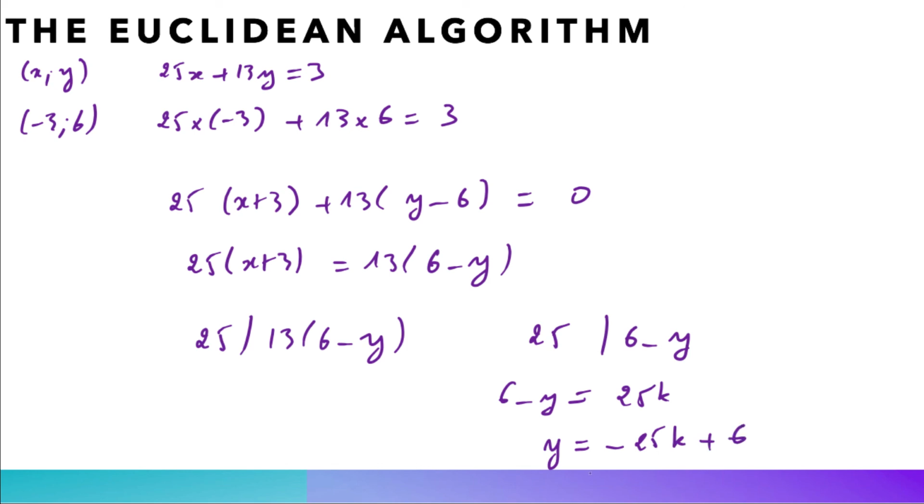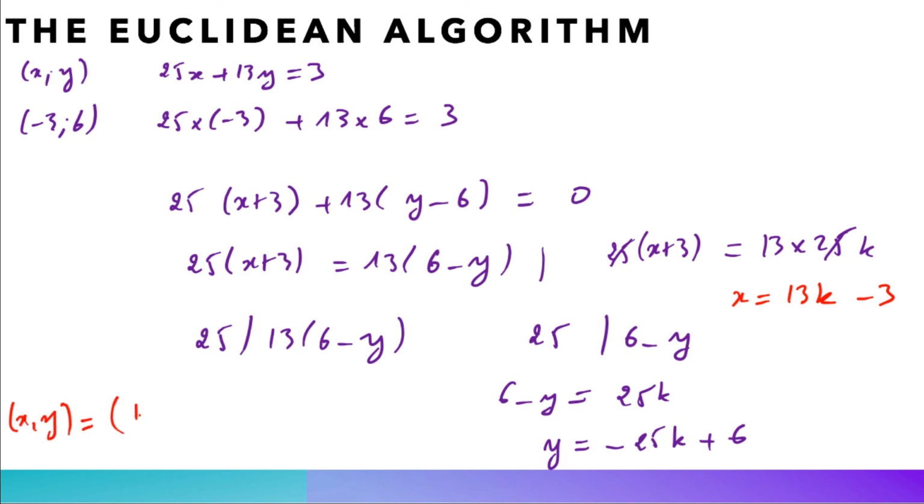This means that all the y's are of the form -25k + 6, and if you plug this here, one gets that 25 times (x + 3) is equal to 13 times 25k, and by simplifying both sides by 25, we get that x = 13k - 3. This means that all the integral points (x, y) are of the form (13k - 3, -25k + 6).